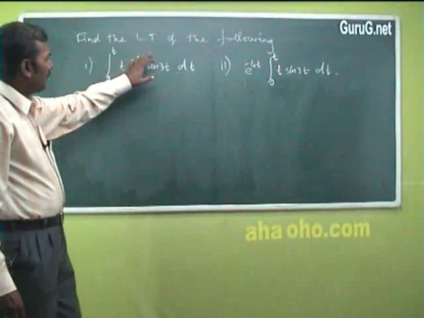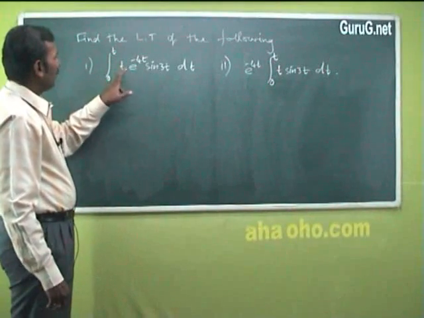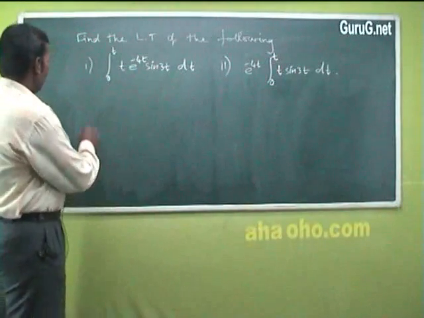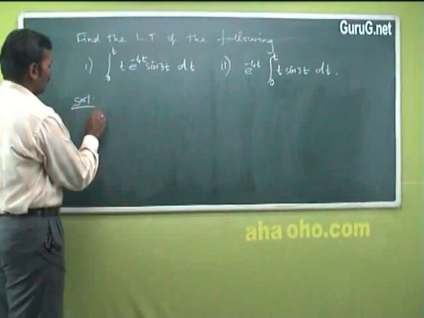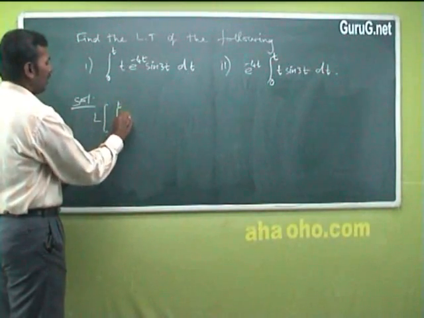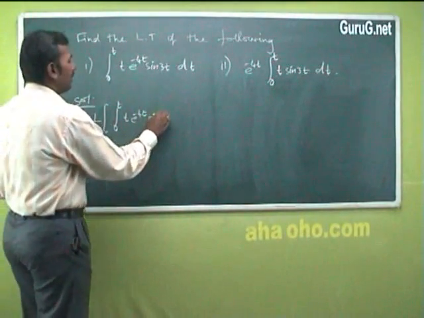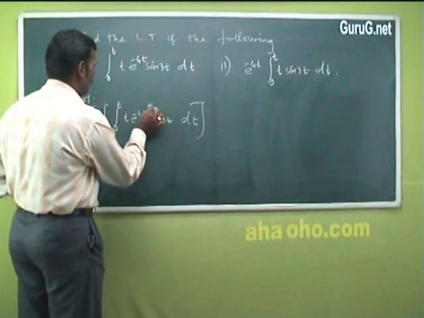To find the Laplace transform of the following integral, integral 0 to t e power minus 4t sin 3t dt. So you're taking Laplace of this, right? You consider the whole thing as f of t.